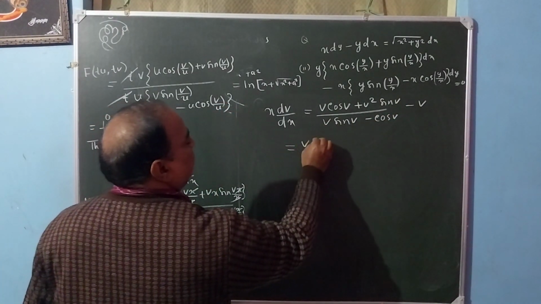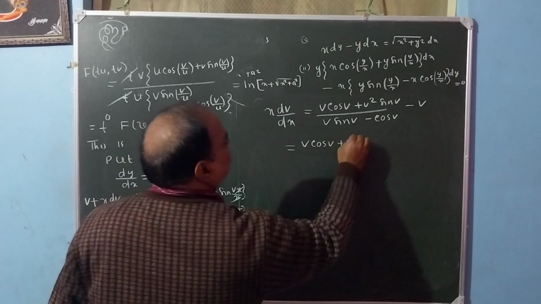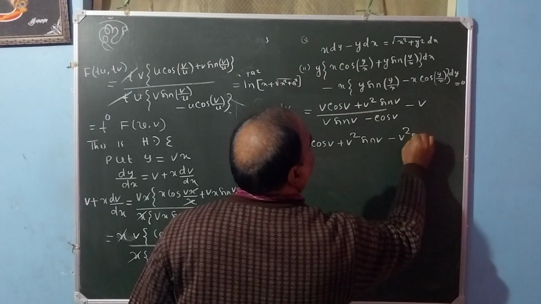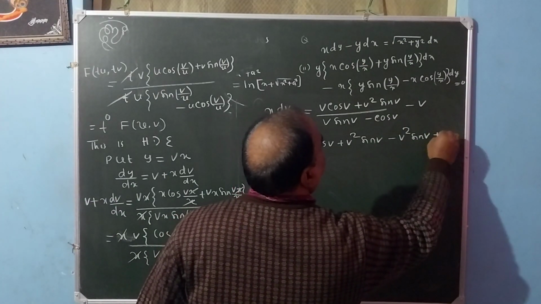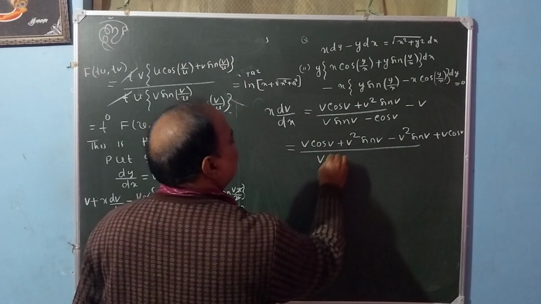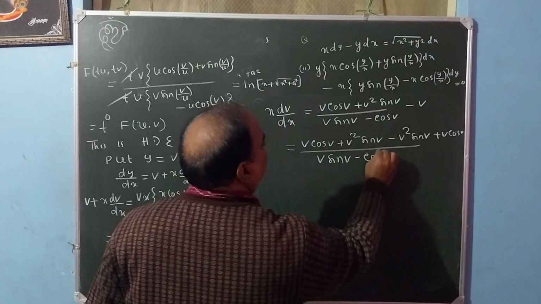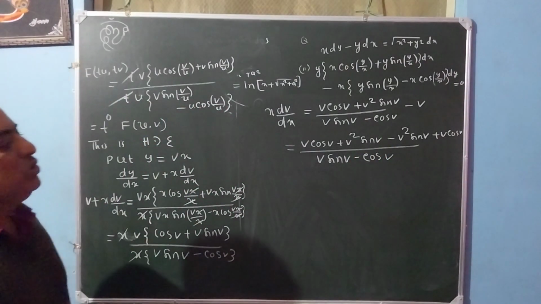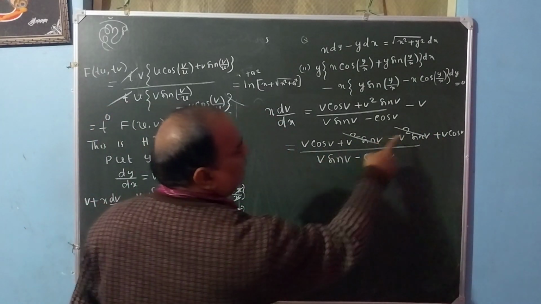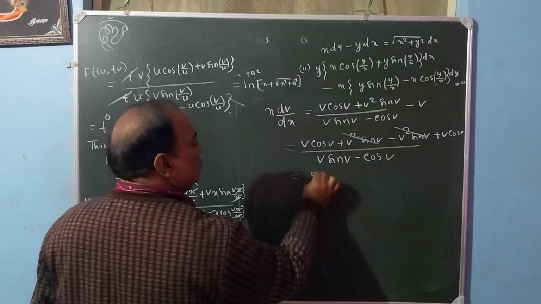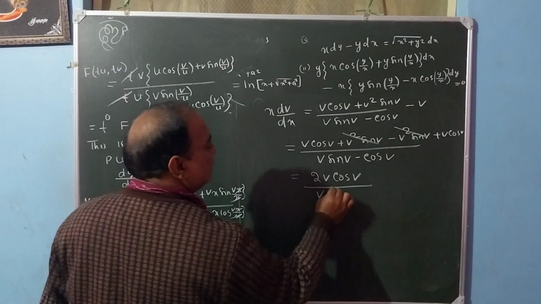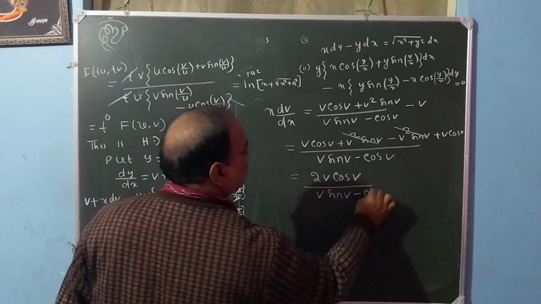We get v cos v plus v square sin v minus v square sin v plus v cos v, divided by v sin v minus cos v. So the v square sin v terms, minus and plus, cancel. So v cos v plus v cos v, that is 2v cos v, divided by v sin v minus cos v.